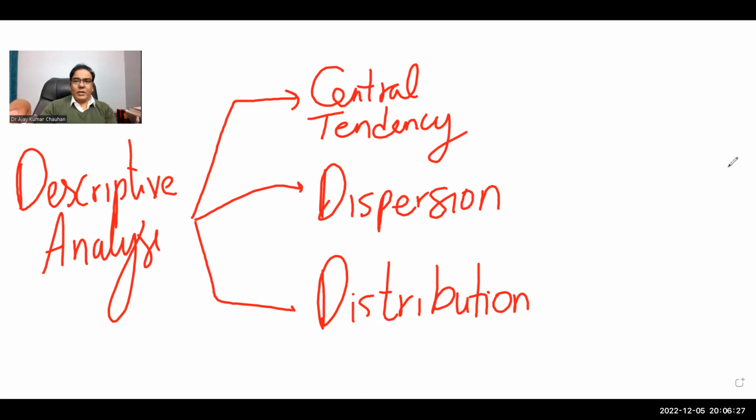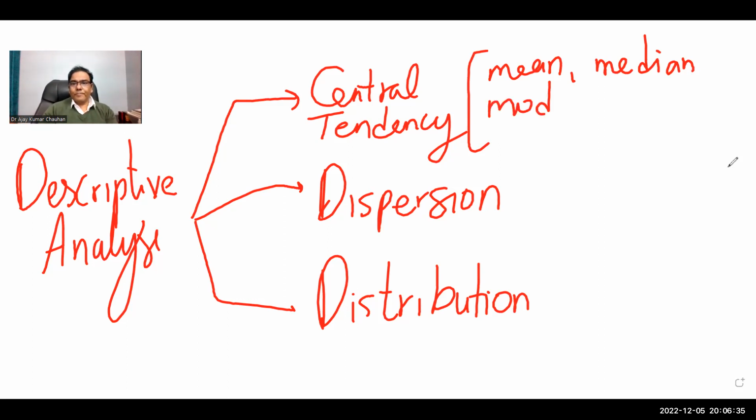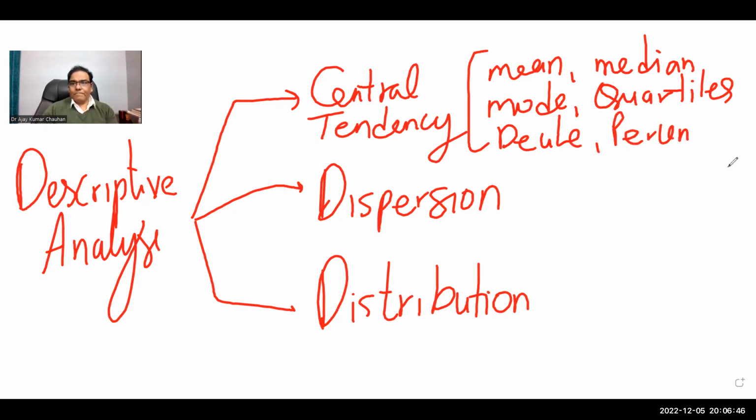In central tendency, we include mean, median, mode, quartiles, decile, and percentile.